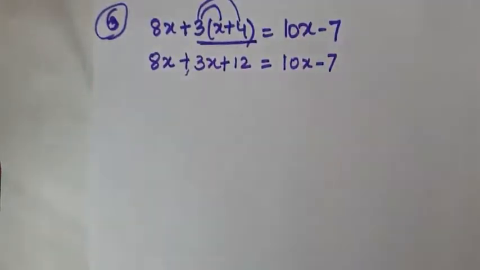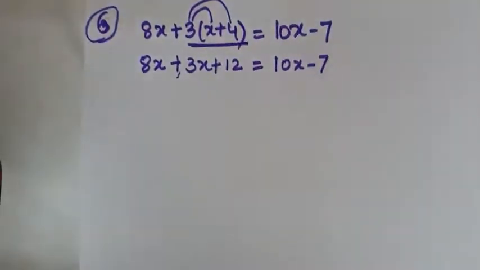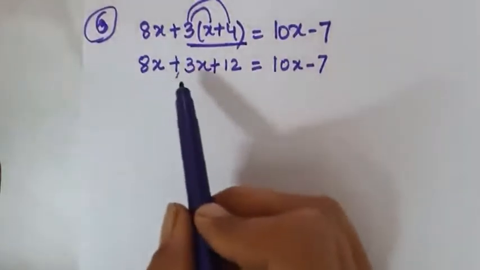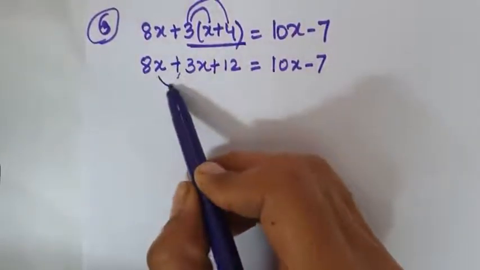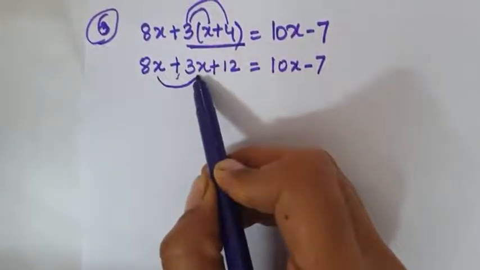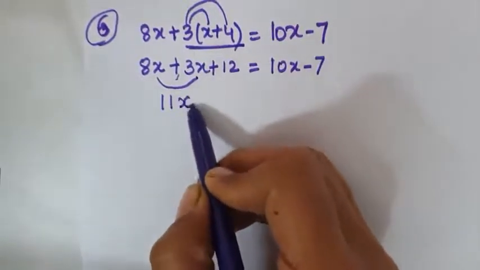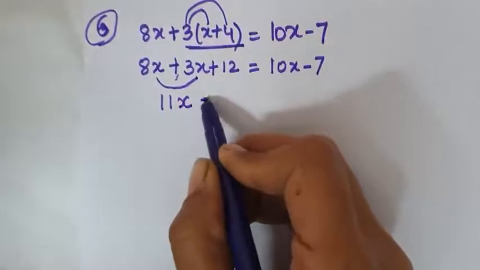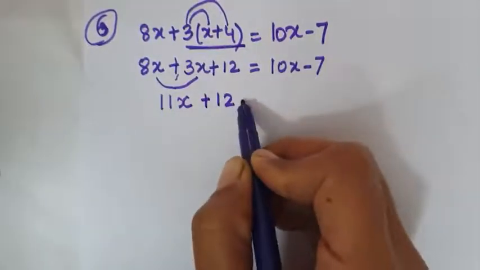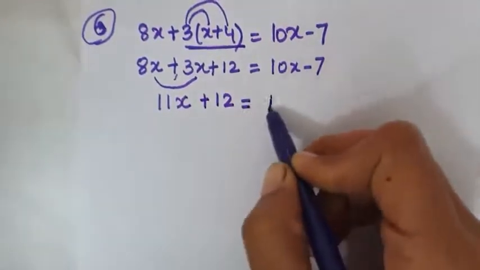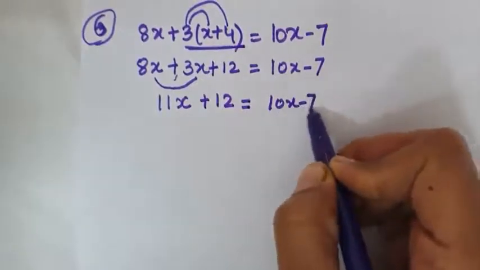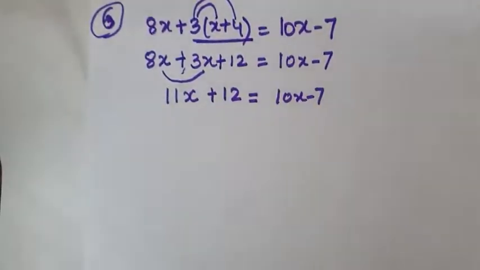Now 8x plus 3x. These are two like terms. So on adding we get 11x plus 12 is equal to 10x minus 7.